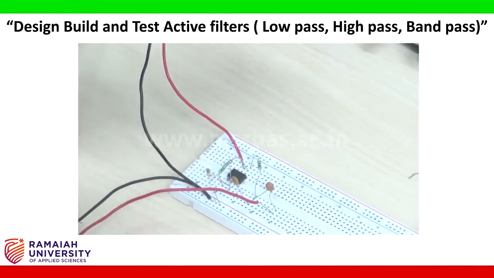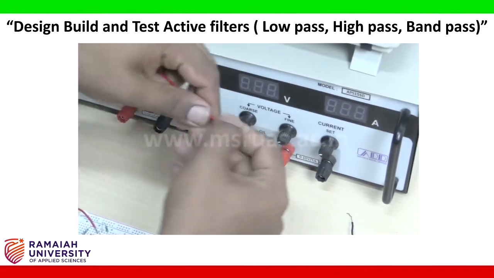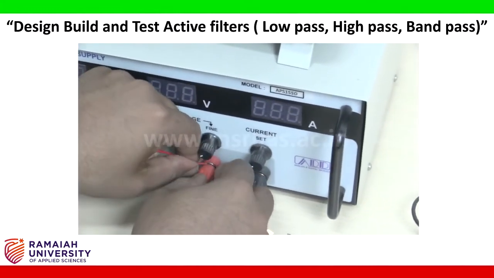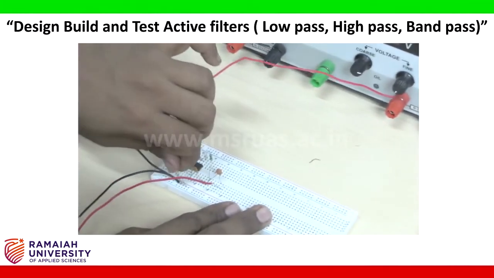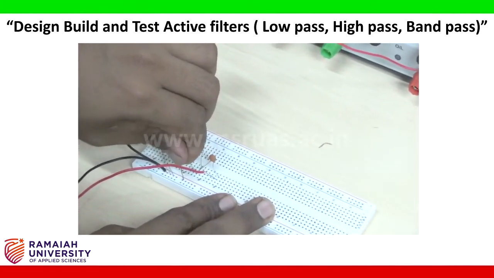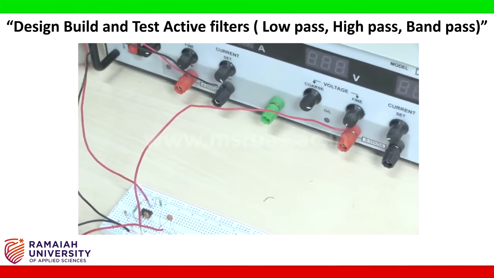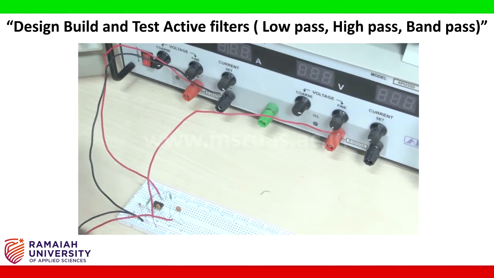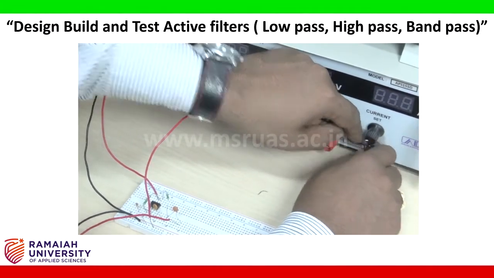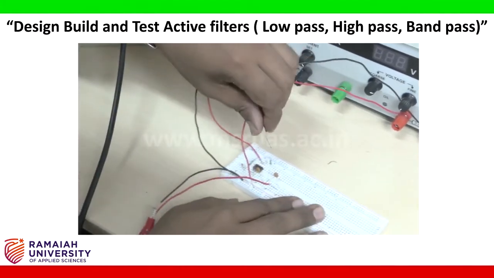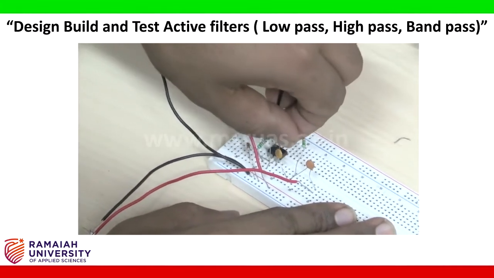Here, on the other terminal, I am taking the positive, I need to put it to ground. This positive I will make to ground. The negative end will be given to pin number 4. This is pin number 4.